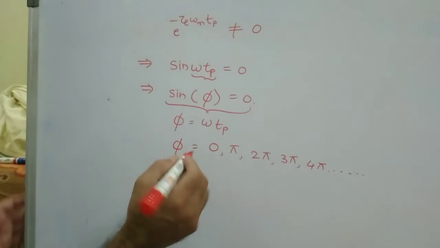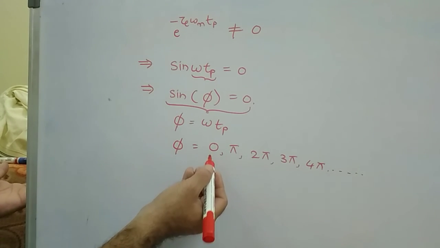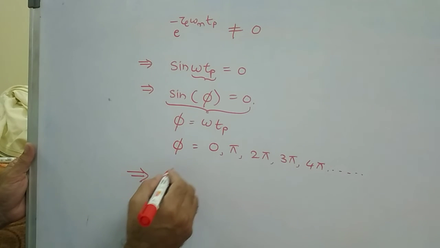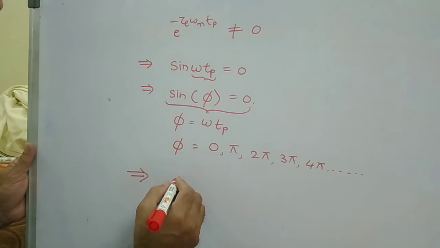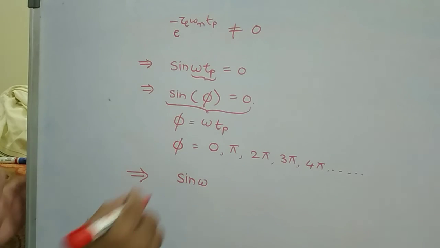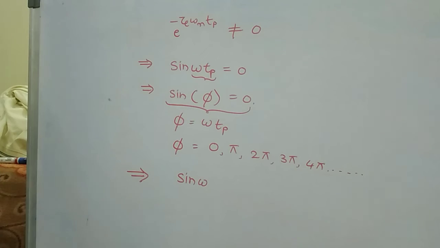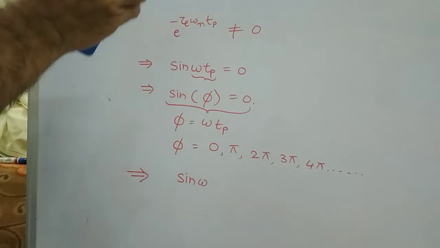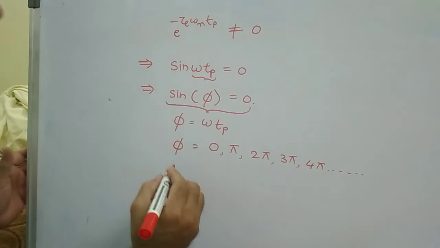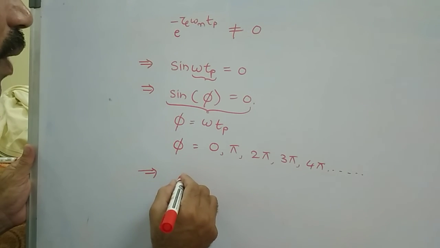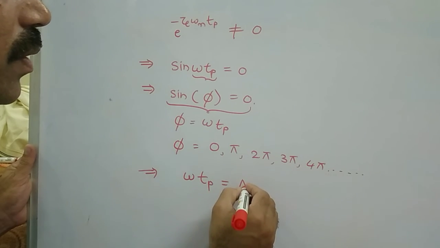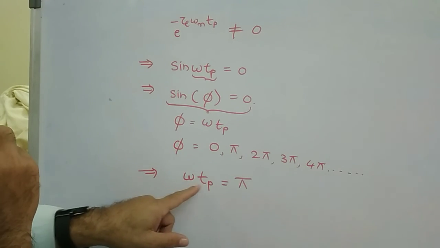Obviously, we will consider 0 as meaningless. Therefore, what will we write? Omega tp is equal to pi. Take the first value: omega tp is equal to pi.